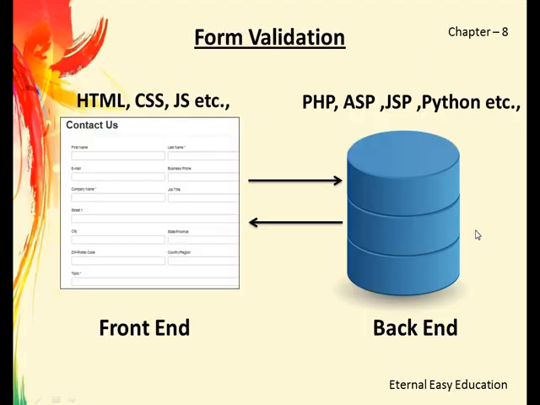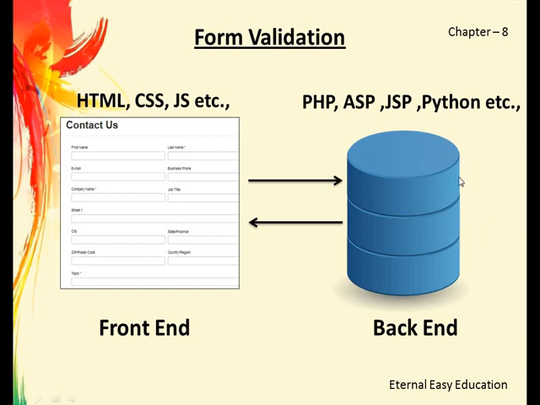I'll show a pictorial representation. Front end, back end. Front end is the form which is used by the user. Here the coding is given by HTML, CSS, JavaScript, etc. Next, the backend is the database.